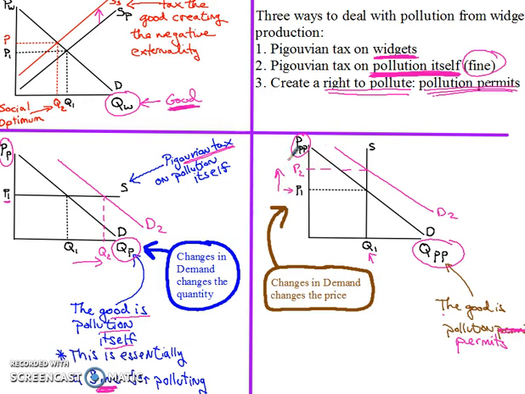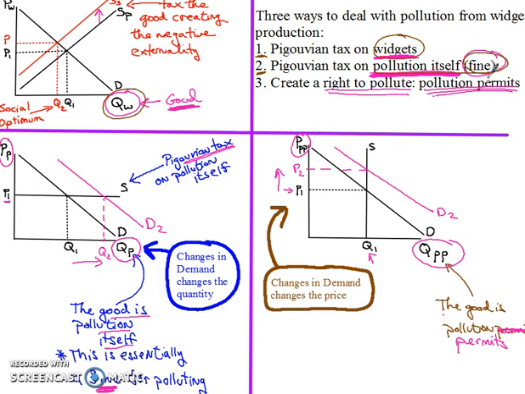All right? So there are three different ways in terms of the graphs to deal with the pollution. Three different ways to deal with it, and to do this, we've got to keep track of what the good is. Okay? One, you could have a Pigouvian tax on the good that creates the pollution, in this case widgets, okay? And that's the good. The second possibility is you can have a tax on pollution itself.